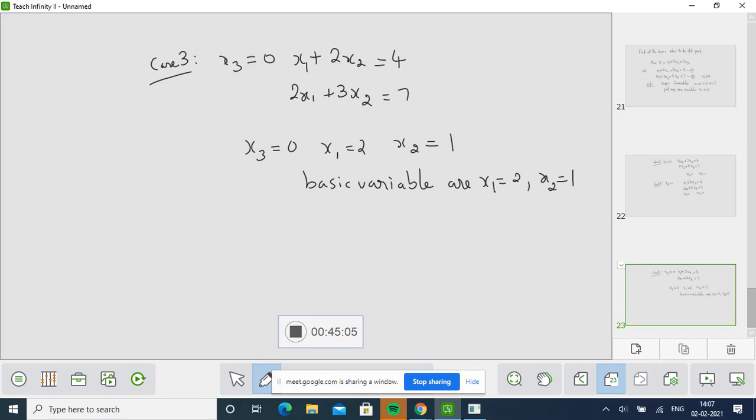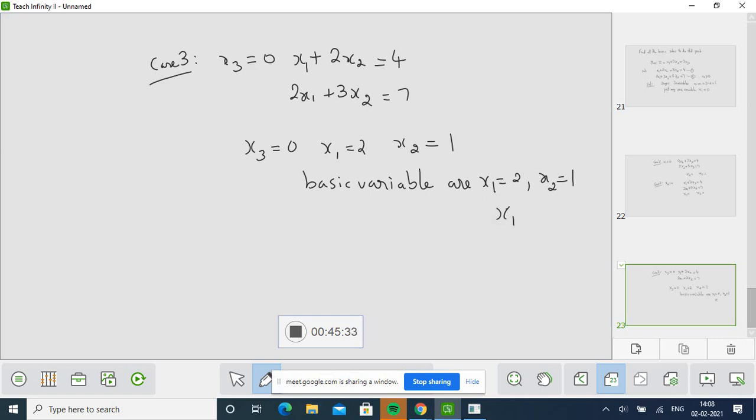So, write down this solution. This solution is a basic, feasible and optimal solution. It is an optimal, basic, feasible, non-degenerate solution. What do you mean by non-degenerate? A basic solution is non-degenerate if none of the basic variables are 0.